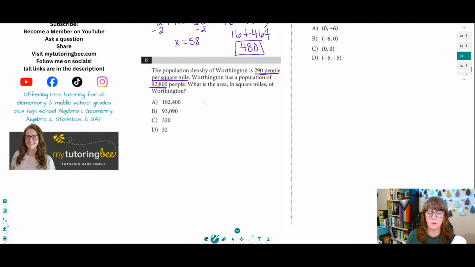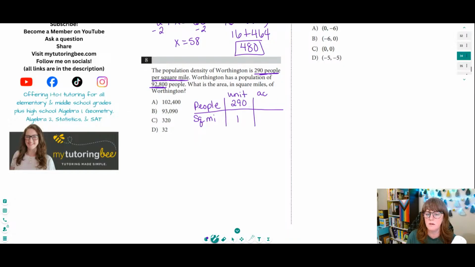So this is a table. We're going to make a table just like we did in one of those other problems. So we've got people and we've got square miles. Those are the two pieces of information that they're telling us. So the first one is the unit rate, right? For 1 square mile, there are 290 people.